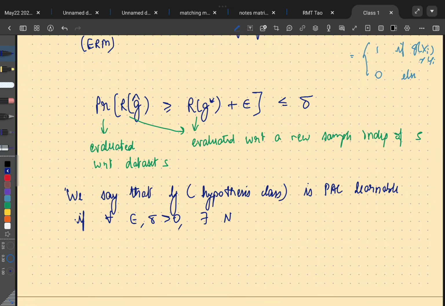There exists some n which depends on epsilon, delta, and g, such that there exists a learning algorithm.